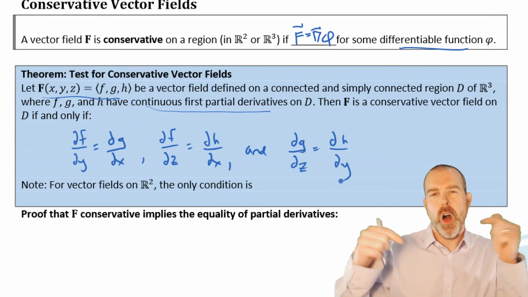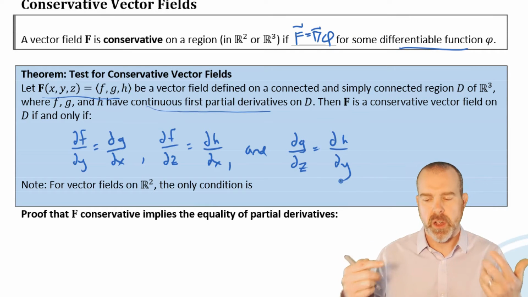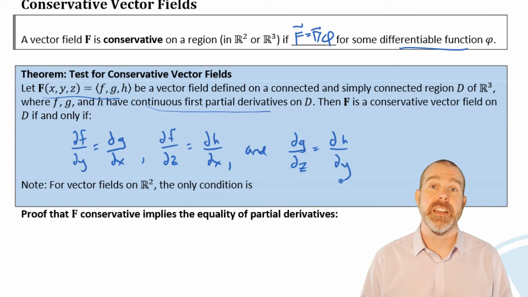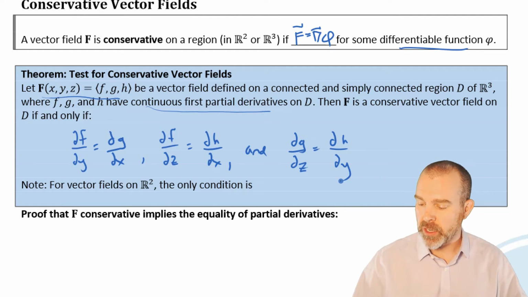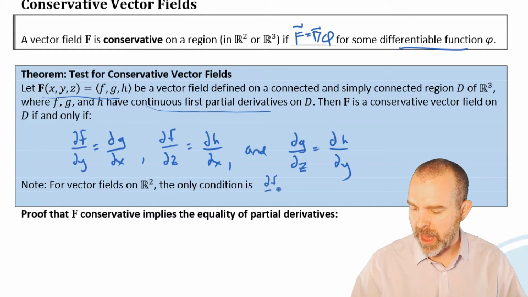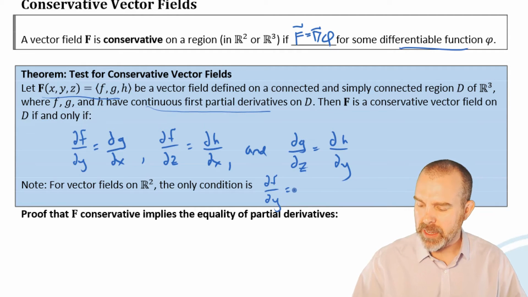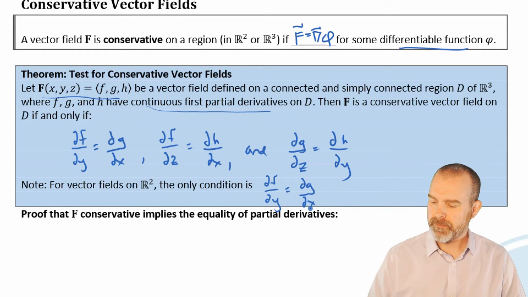So it's basically all the cross partials are equal, then it's a conservative vector field. If it's only two-dimensional, then all you need is the partial derivative of f with respect to y to equal the partial derivative of g with respect to x.